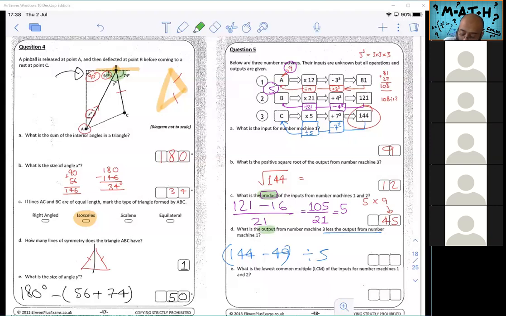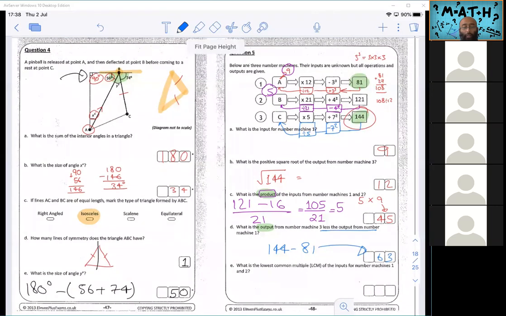The output of machine number 3, which is this one, and we minus the output of machine number 1. So it's going to be 144 minus 81. What will that give us? 144 minus 81 is 63. That's where the 63 comes from. We're going to look at those 2 numbers.